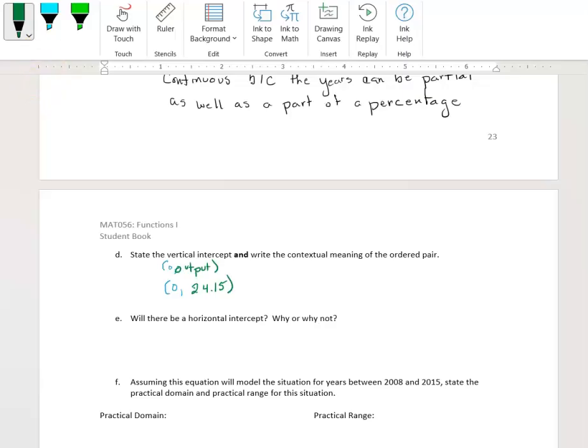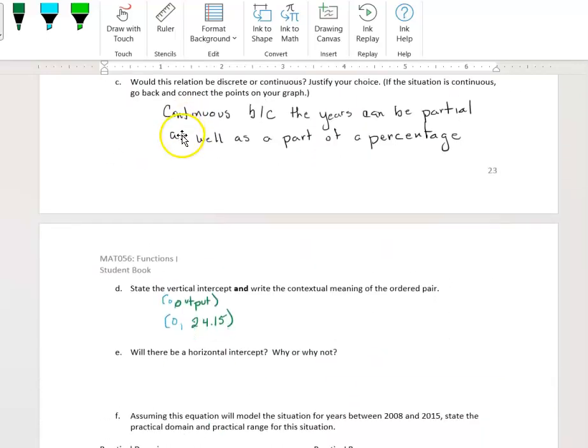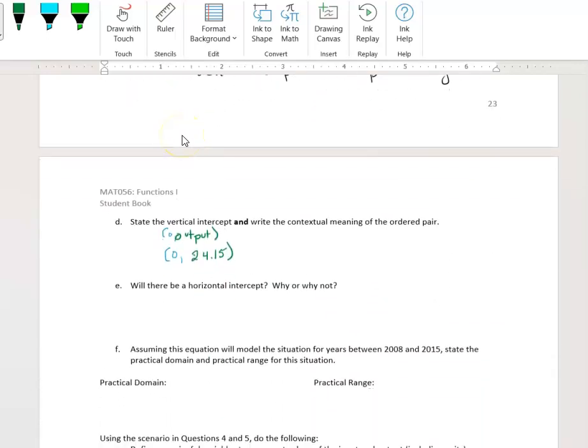So then we want to write the meaning. And again, we need an input part of the statement and an output part. So 0 represents the year 2008. So you can say at year 0 or in 2008, either way.